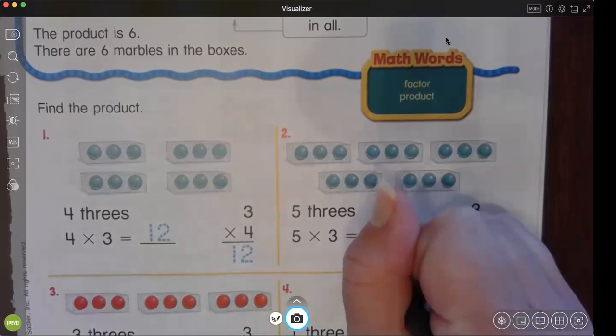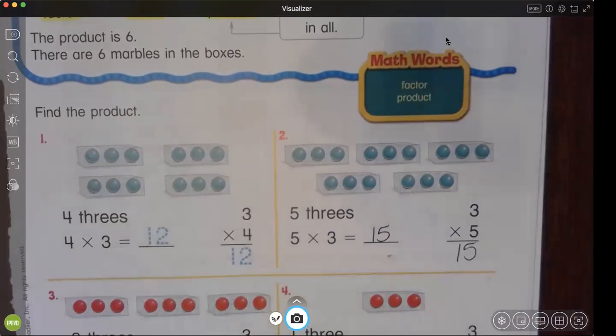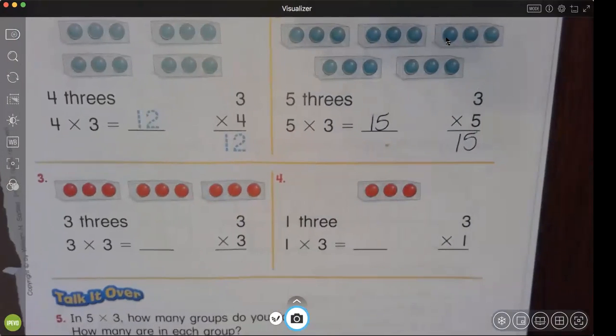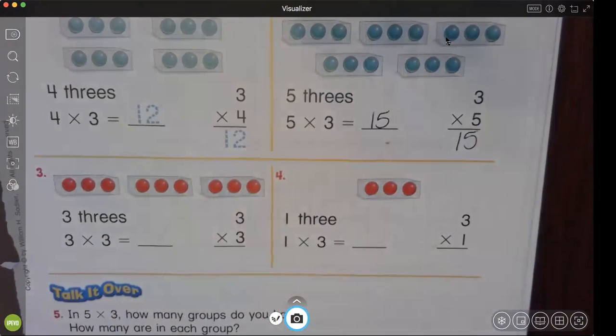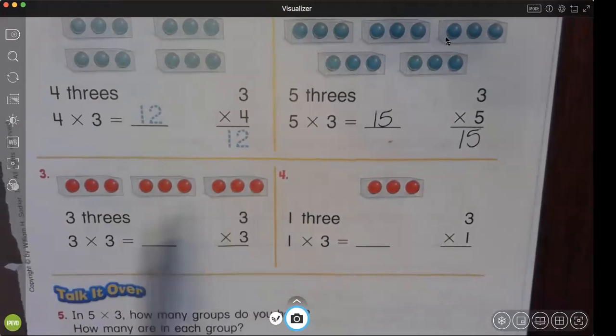So 5 times 3 is 15, as well as 3 times 5 is 15. Okay? All right, let's look at 3 and 4 here. So we have 3 3s. So we have to count by 3 3 times. Or we add 3 3 times. So we have 3, 6, 9. So 3 times 3 equals 9.